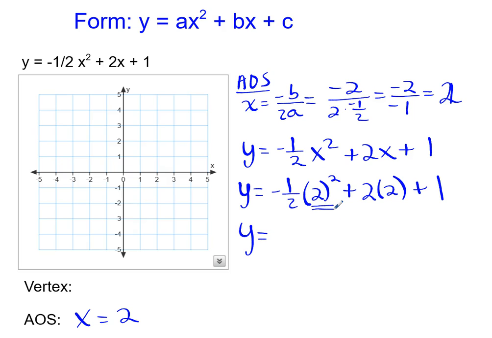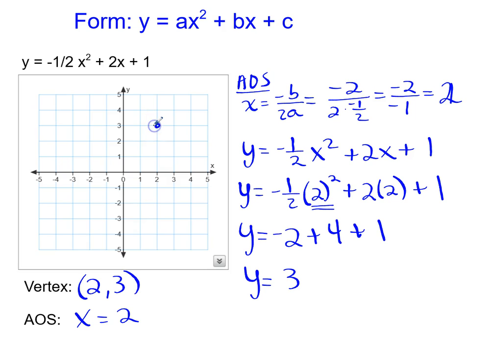Half of 4 is 2. So we get negative 2 plus 2 times 2 is 4 plus 1. So y equals 3. So our vertex is the ordered pair 2 comma 3. So over 2 and up 3.